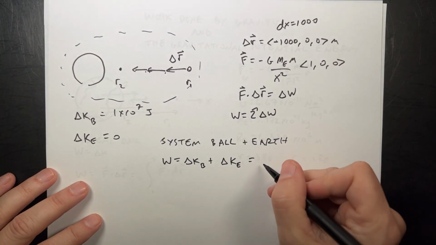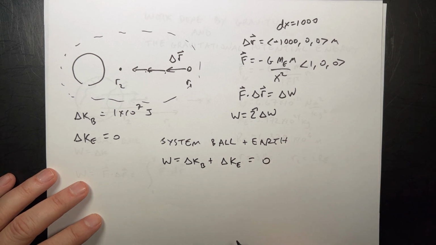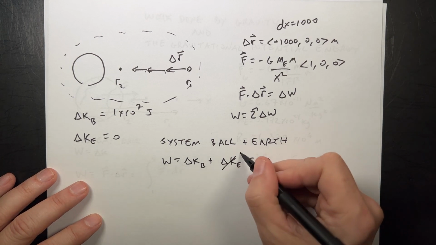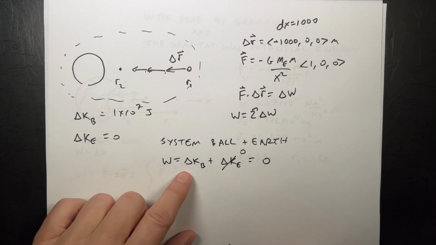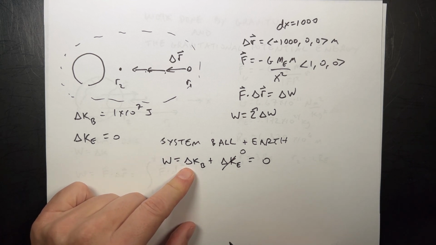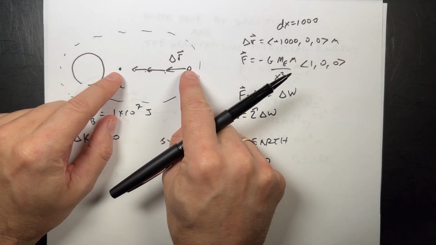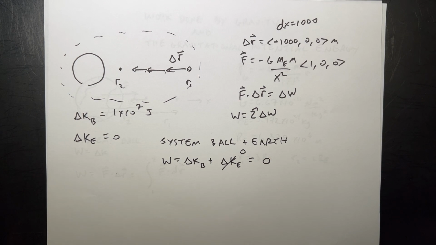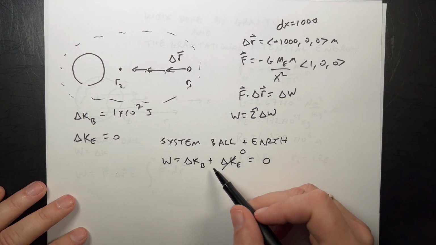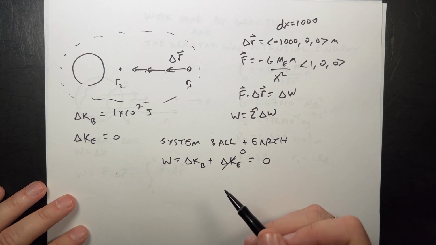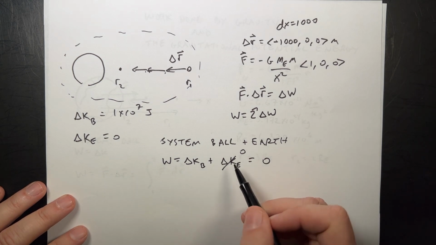The answer is none, so the work done is going to be 0. And we already said the Earth doesn't move, so that's 0. So this says the ball has no change in kinetic energy, which we know is not true. It shouldn't matter what we pick for our system to see what the final speed of the ball is. It's going to be the same independent of how that ball falls. So this cannot be correct. We have to have some other term in here.